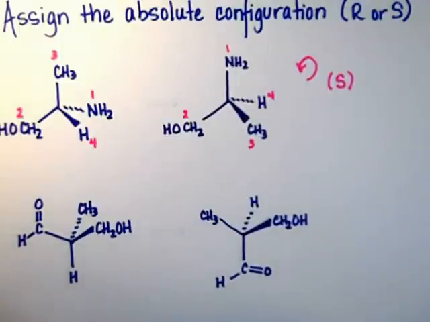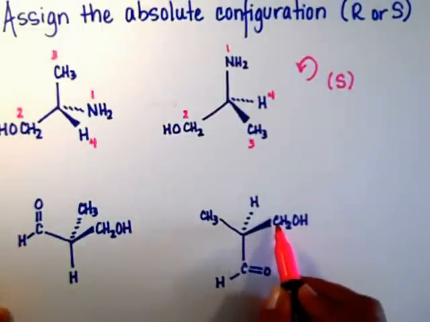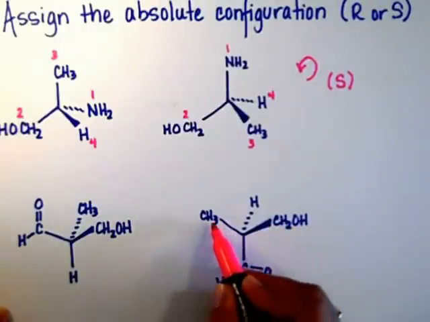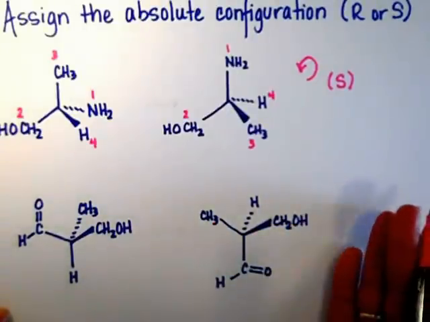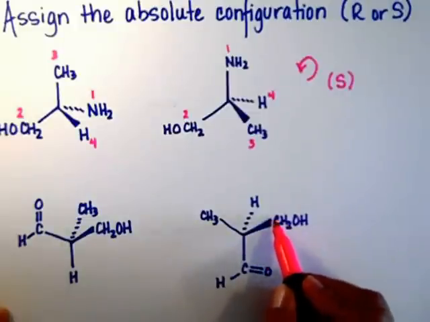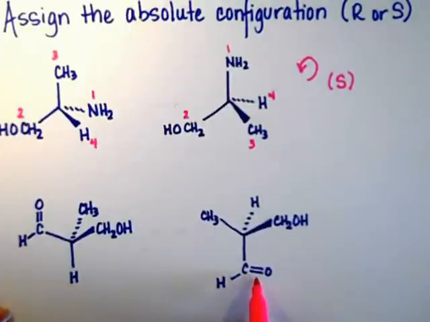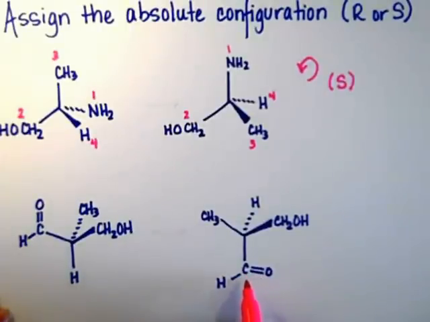I'm ready to assign priorities here, and I go atom by atom until I find a difference. Carbon, carbon, carbon, they're all the same. I move on to see what else is attached to them. This carbon is single bonded to an oxygen. This carbon is double bonded to an oxygen.